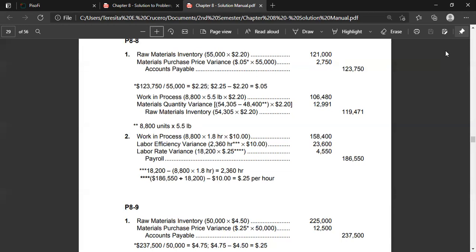So we get 23,600 for the labor efficiency variance given us 2,360. We have now 2,360 hours multiplied by 10. 10 is the standard rate per hour.